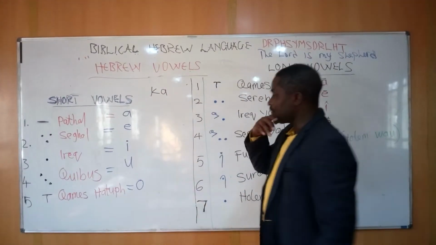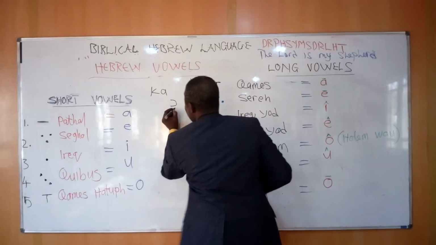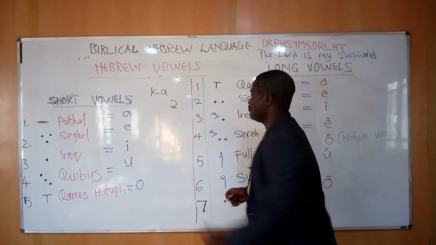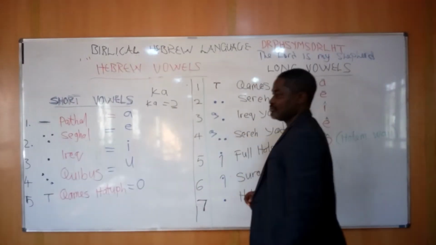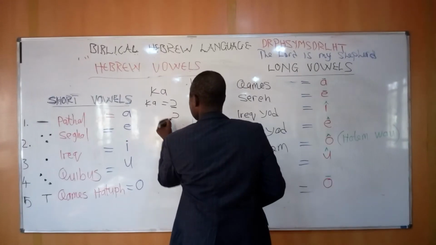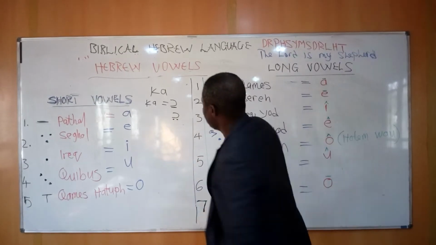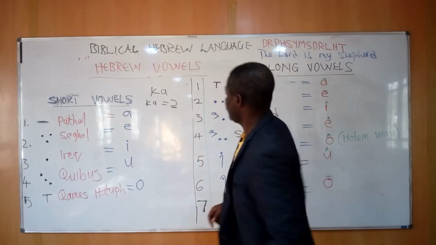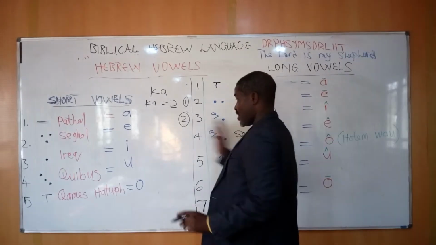Using the short vowels, this is what you write. Kaf, then the patah stays under. This is ka. Let's say this is number 1, this is number 2. You know you are writing Hebrew from right to left.